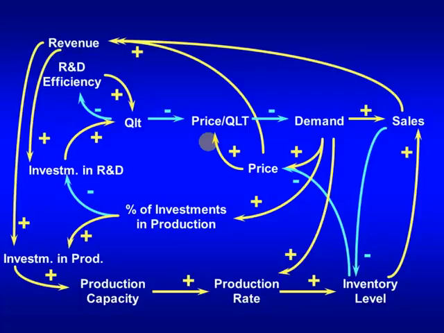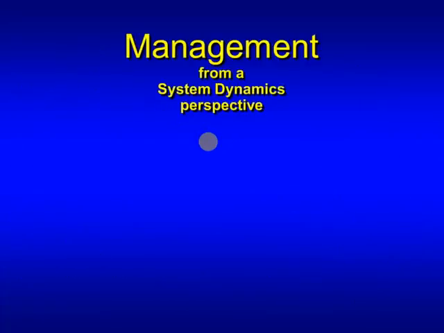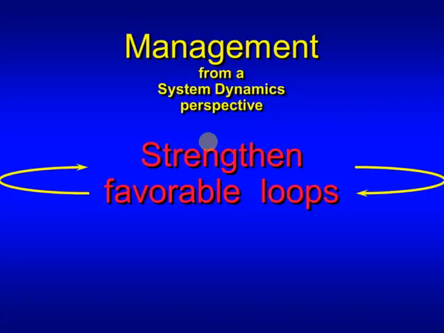So in other words, management, as I see it from a system dynamics perspective, is to say which are the favorable loops in the system. Let's strengthen those loops. And what you see here is that the production loop, we don't establish that loop until we have a demand, so that we know that loop has a certain strength. If we didn't have a product, we would never establish a production loop, right?